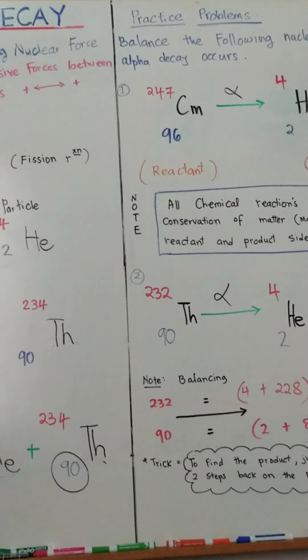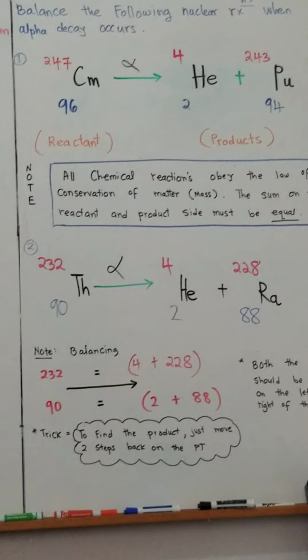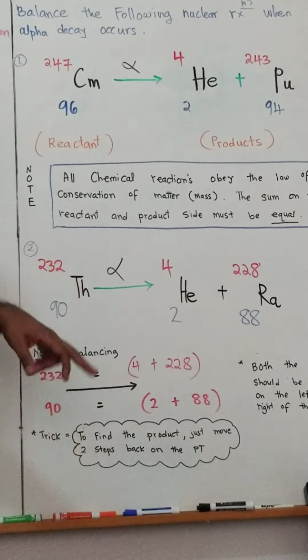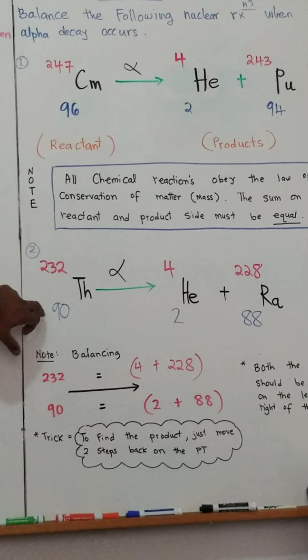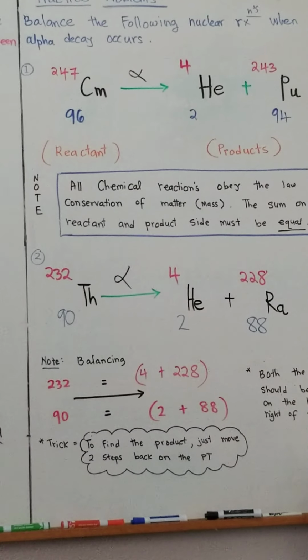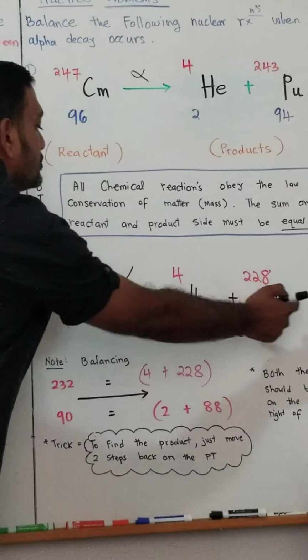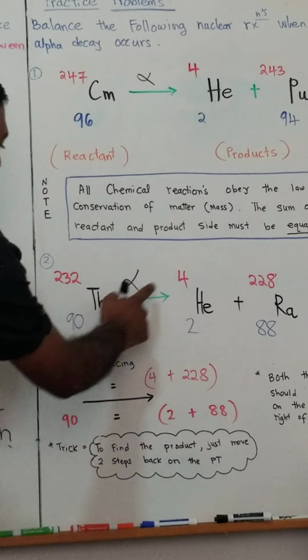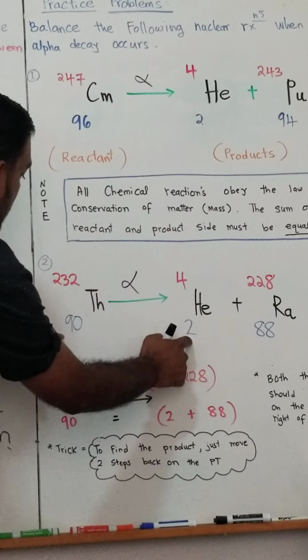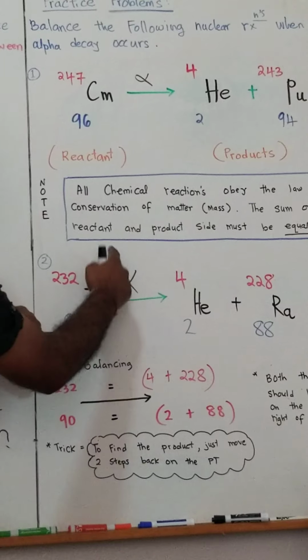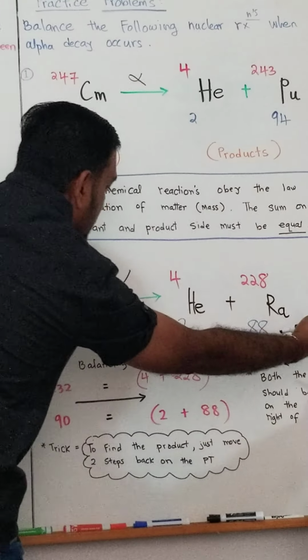Now, the mass number on the top is not going to help us determine what element it is. Okay, the atomic number, the number of protons at the bottom, is going to help us determine what element apart from helium is produced in this nuclear reaction. So if I look at helium, the proton number is 2, and we started off with thorium. If I subtract 2 from 90, remember the left hand side should be matching up with the right hand side.